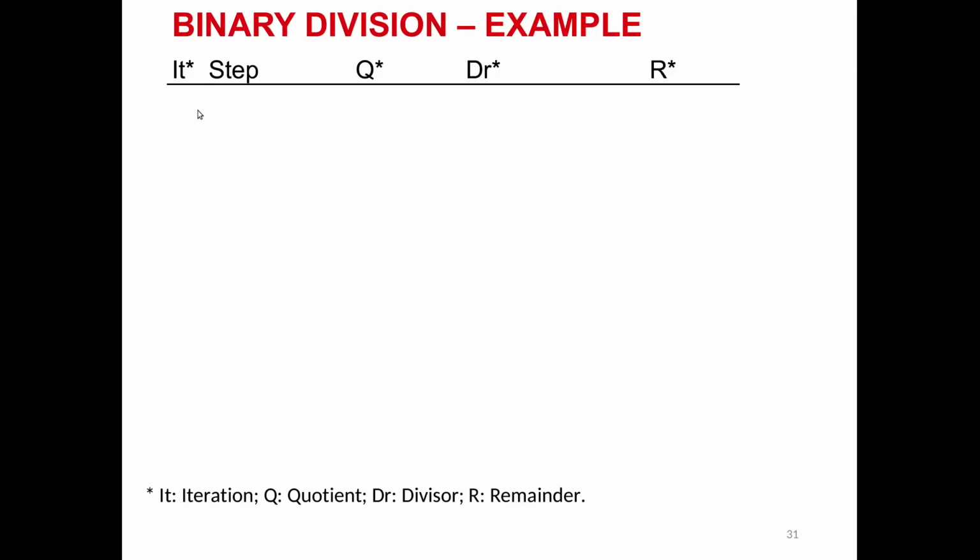Now we will go into our example on binary division. We will see how Q or quotient, dr or divisor, and r the remainder change during the calculation step by step. Here is the initial value of q, dr, and r.